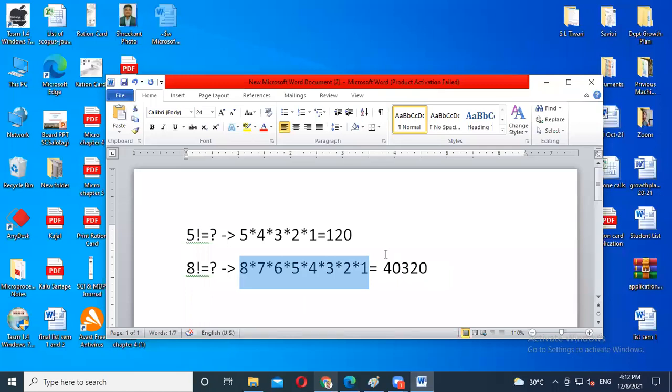I will transfer you that program code, how to find the factorial of a given number. I will transfer the code in the microprocessor group. Please all of you go and type it and send me the output screen.